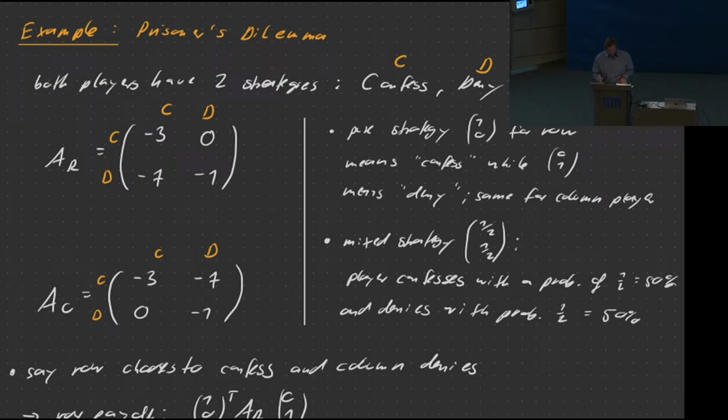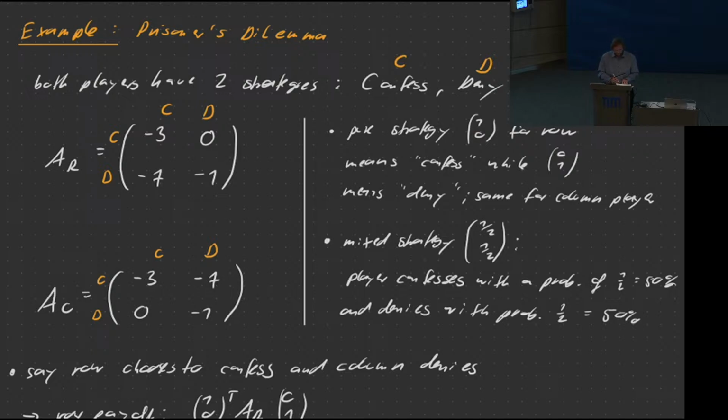Right, and now we could possibly choose a pure strategy. For example, the row player might choose this pure strategy. That means he's assigning a probability of 1 to the first row and a probability of 0 to the second row.